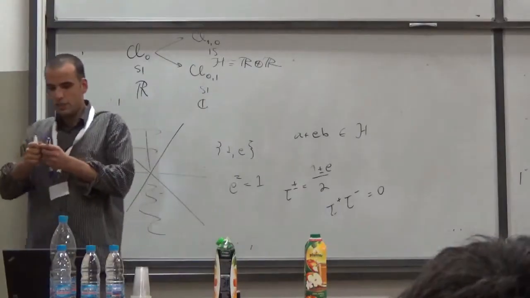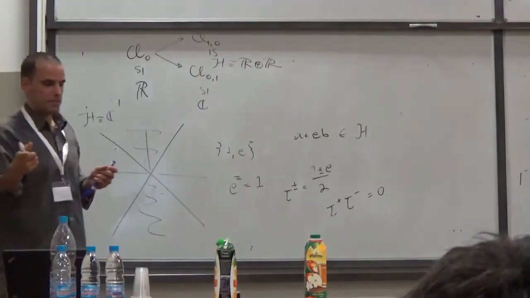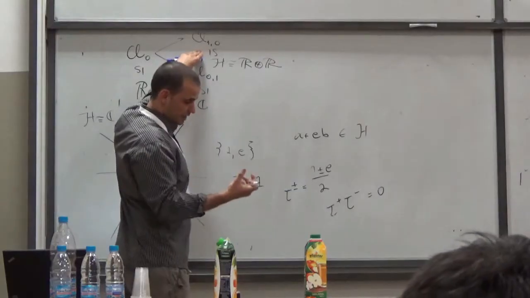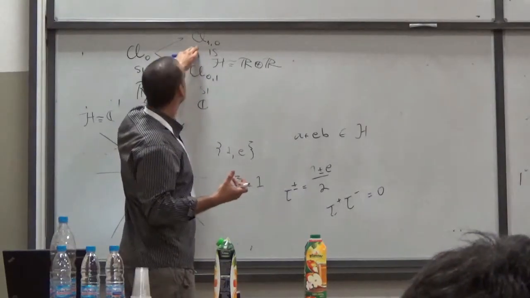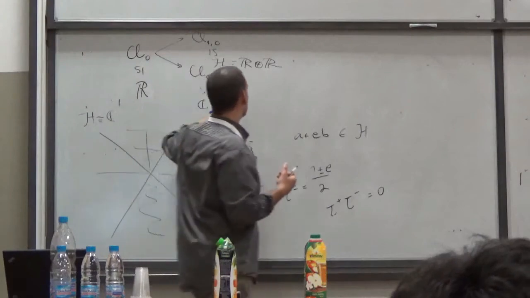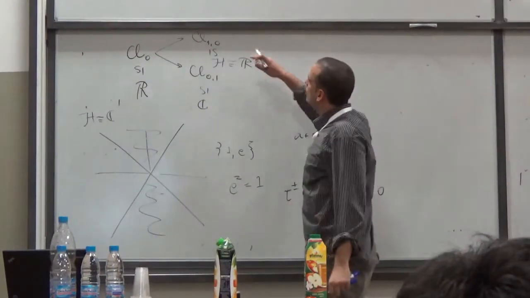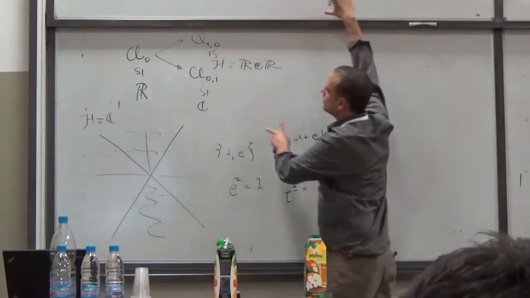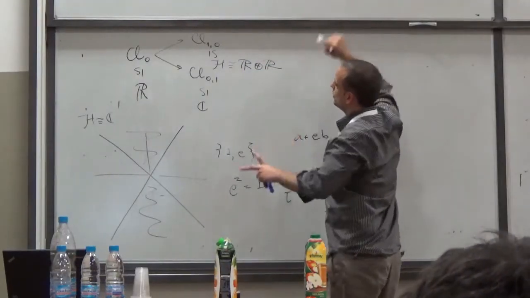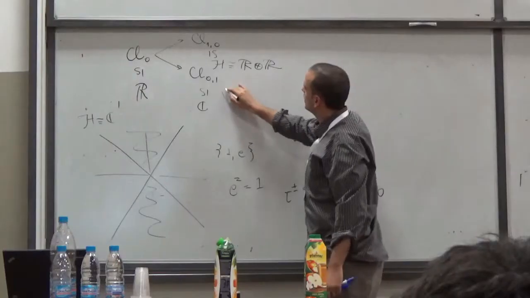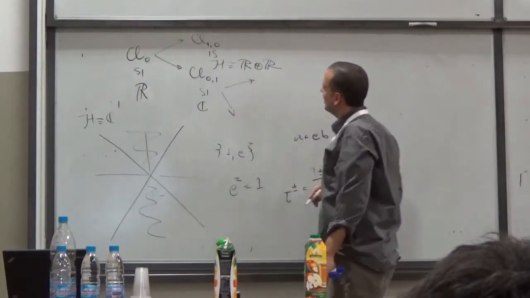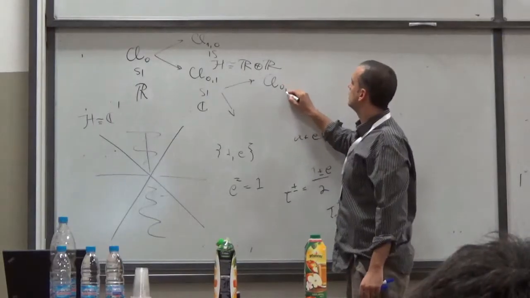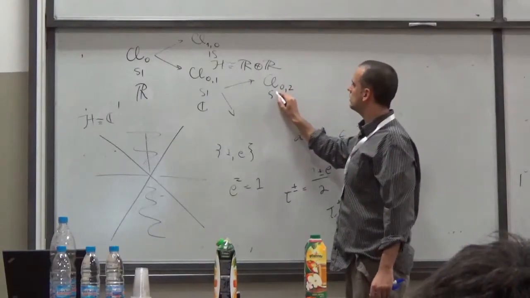So if you just change the sign of every vector, what remains fixed is the subalgebra consisting of even elements. Right? So if you keep on, okay, this is going to be a tree, no? This is going to be a tree because, for example, the complex numbers can be embedded in here. 0, 2, which is the coterminus. Okay.